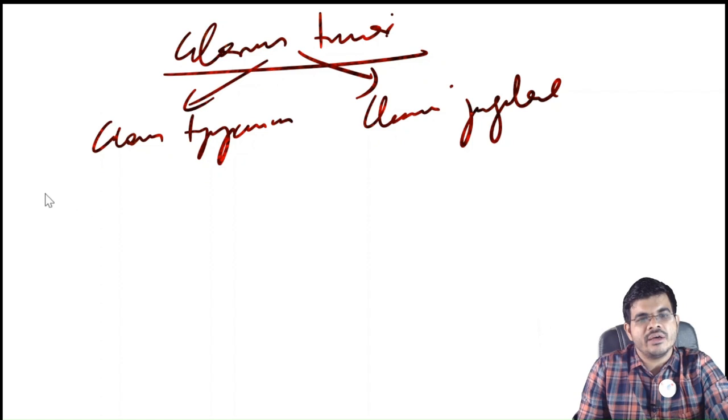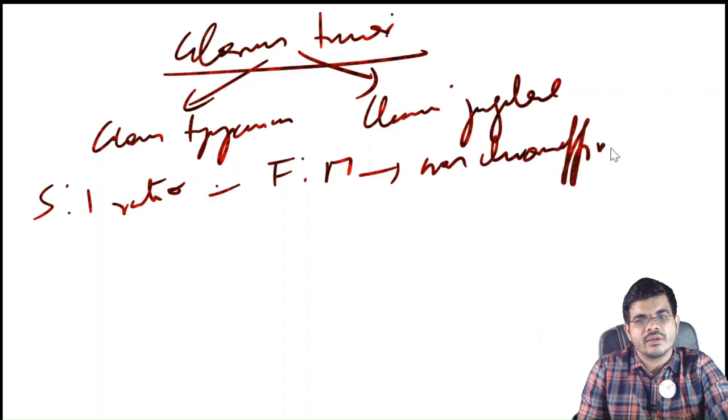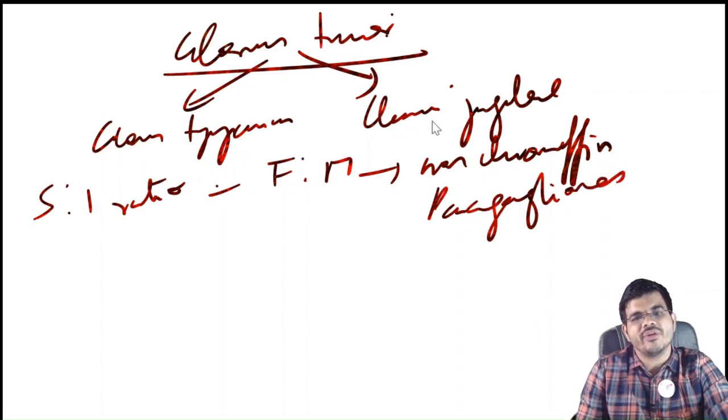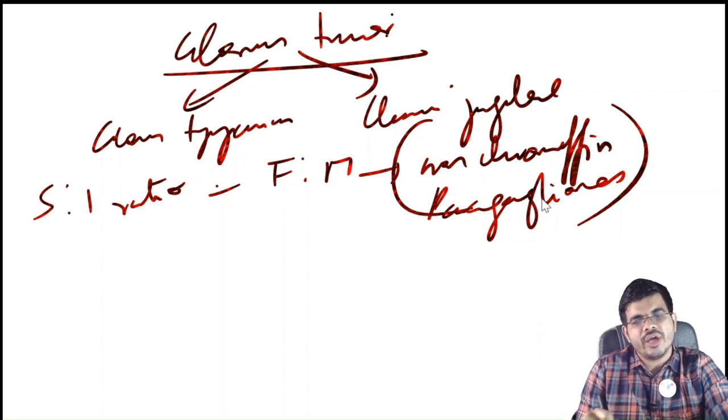And we have learned that there is a 5:1 ratio occurrence of it in females, and this glomus tumor is actually arising from non-chromaffin staining paragangliomas. Okay, they are actually non-chromaffin staining paragangliomas, and these tumors have a peculiar cell ball pattern in histology.